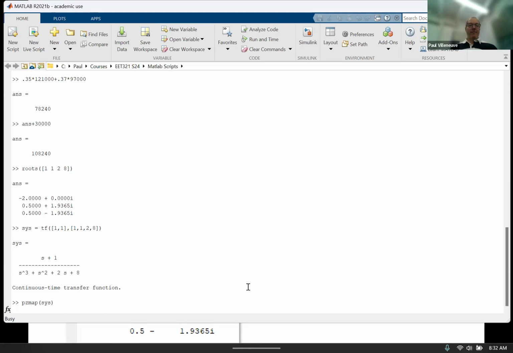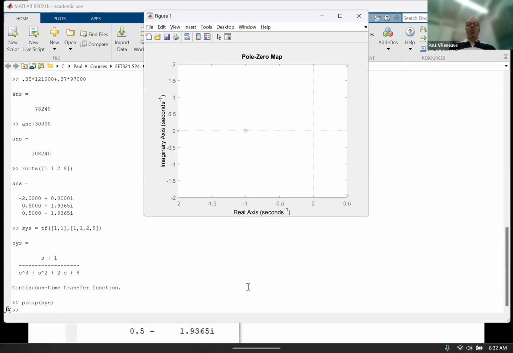So the number of sign changes in the first column indicates the number of poles in the right-hand half plane. Anybody see? Oh yeah, there's a pole at -2. There's a zero at -1.